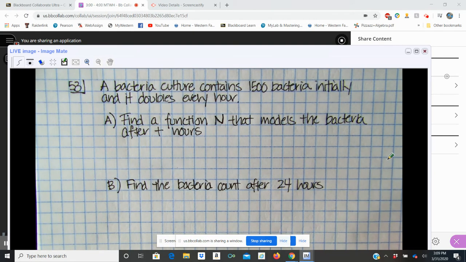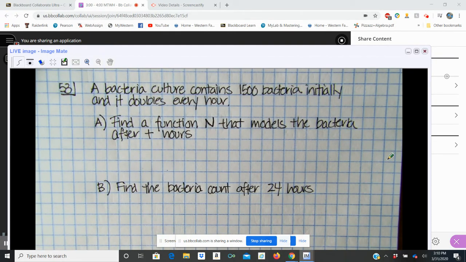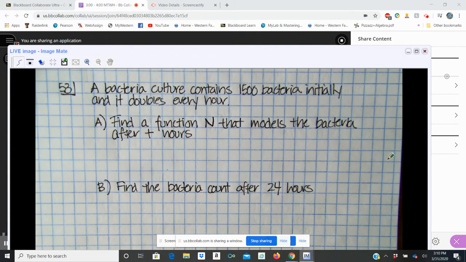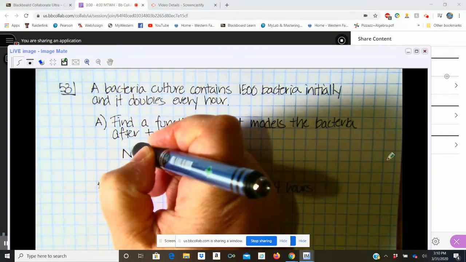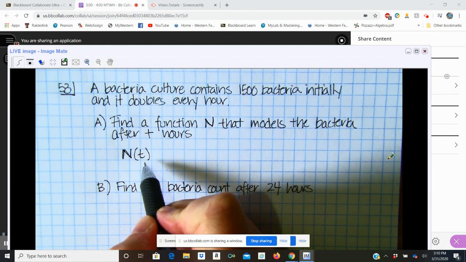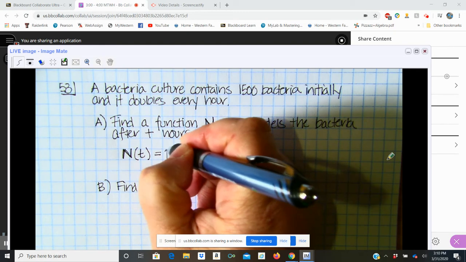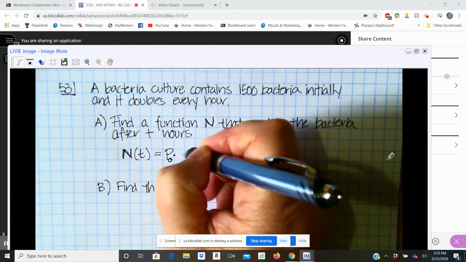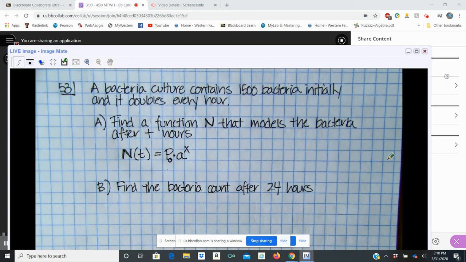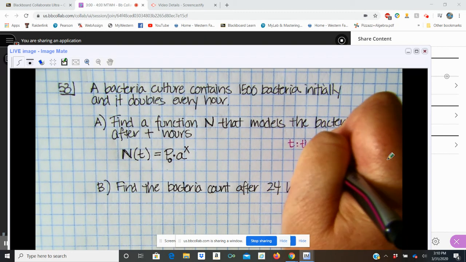So for part A, to find the function n that models the bacteria after t hours, we're going to use a function that generally looks like n of t, where n is the number of bacteria and t is the number of hours, equals P sub 0 times a to the t. Remember, we're in an exponential function. t is your time in hours.